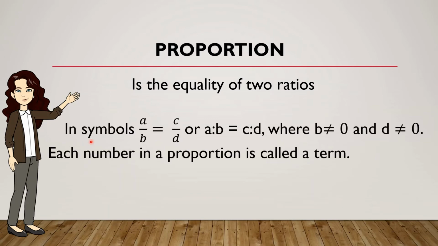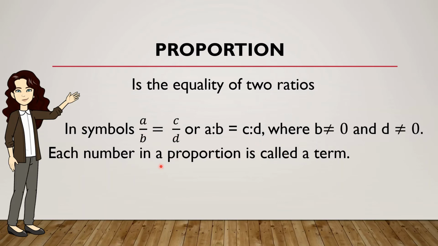In symbols, A over B is equal to C over D, or A is to B is equal to C is to D, where B is not equal to 0 and D is not equal to 0. Class, the denominator should not be 0, because the answer will be an error or undefined.